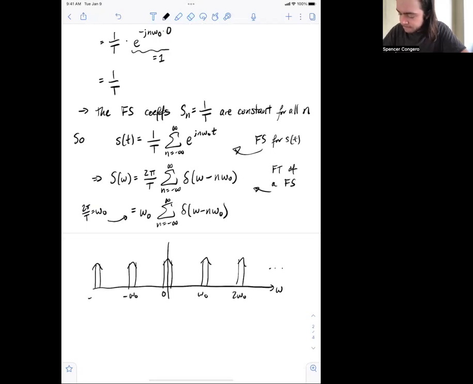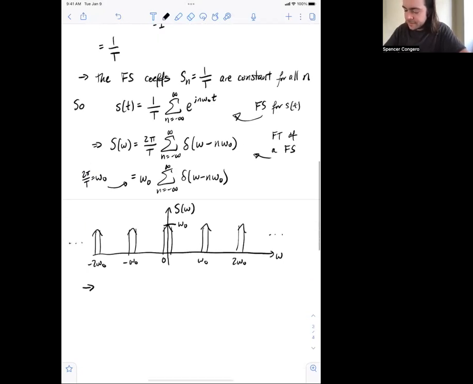They go on forever, and they all have the same height, or area, omega naught. This is my S of omega. So what can we say? Well, wait a second. S of omega, the Fourier transform of our impulse train, is itself an impulse train. So S of omega is an impulse train in frequency.